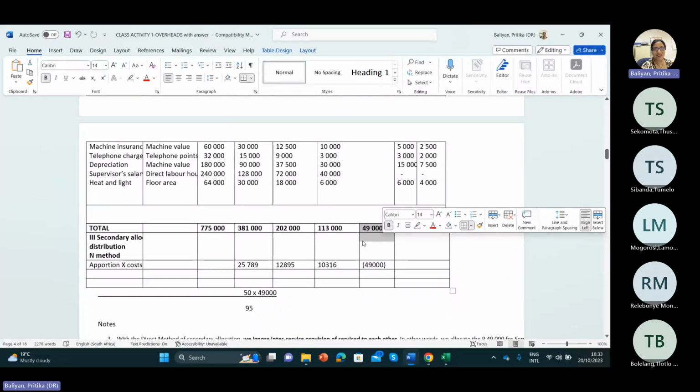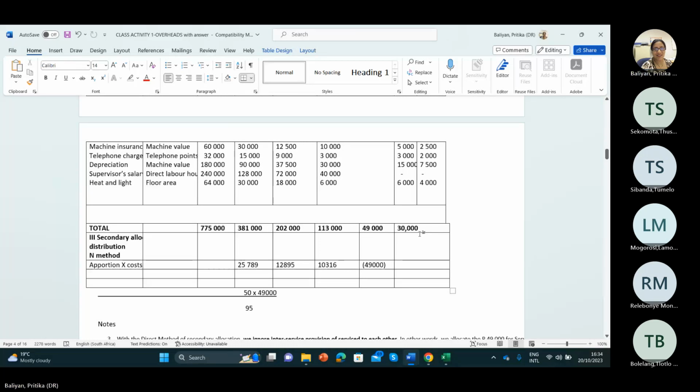Like this department, how much service they did for A, B, C, according to the ratio of their services, this cost has to be apportioned among the production departments, right? So we always start with the department that has the higher cost. Among X and Y, X has the higher cost and Y has the lower cost.